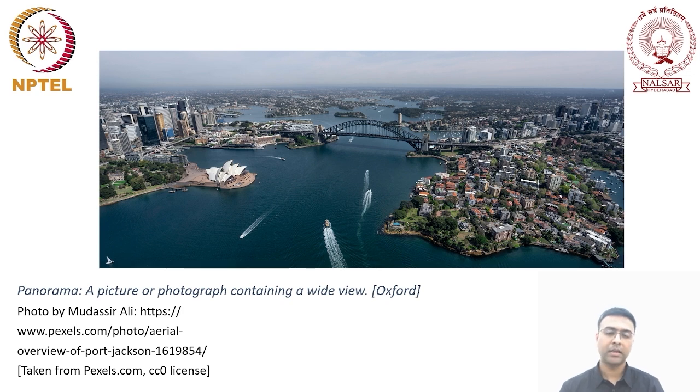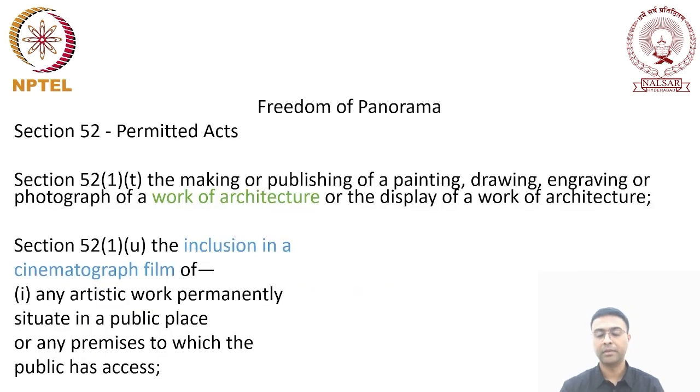Because of the clear problems this will create for certain types of works, such as photographs, a kind of exception that is accepted against the copyright of the architectural work is freedom of panorama.